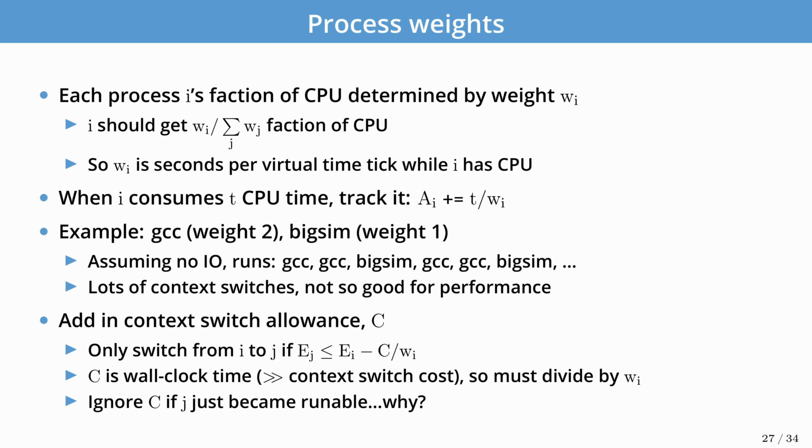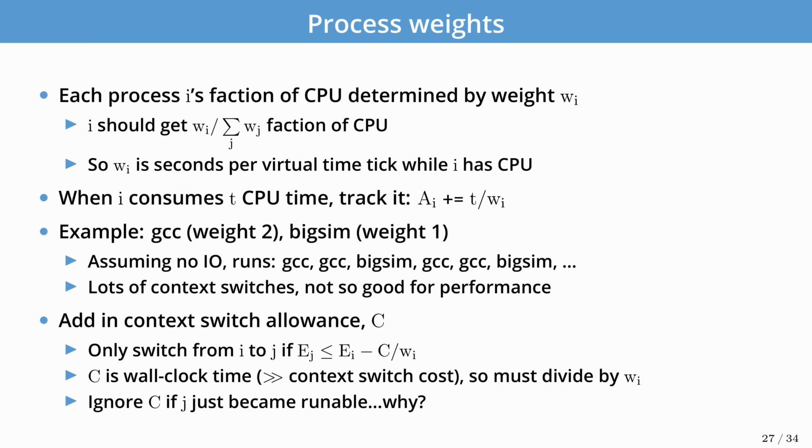So here, in this example, we have GCC and BigSim that we're going to use throughout the remaining examples. GCC has a weight of 2 and BigSim has a weight of 1. This means that GCC is going to run twice as long as BigSim. So if we assume there's no I/O, we're going to run GCC for 2 units of time, then we're going to run BigSim, then we're going to run GCC for 2 more units of time, and then BigSim, and so forth.